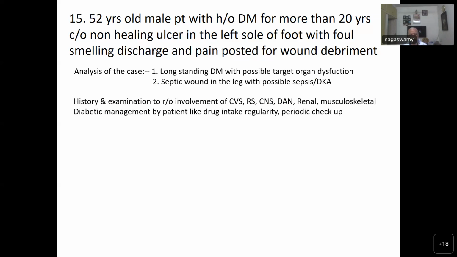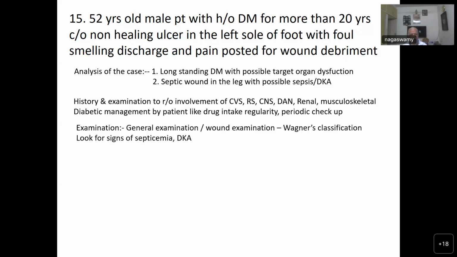Diabetic autonomic neuropathy, renal involvement, musculoskeletal in the form of, as you said, the prayer sign and other things. And diabetic management by the patient himself, whether he has been regularly taking the drug and going for periodic checkup, and any insulin dosage and what are the drugs that he is taking.